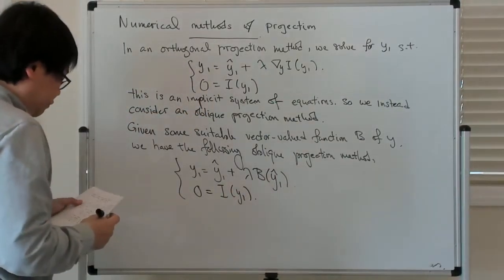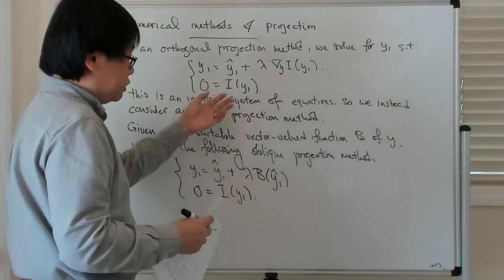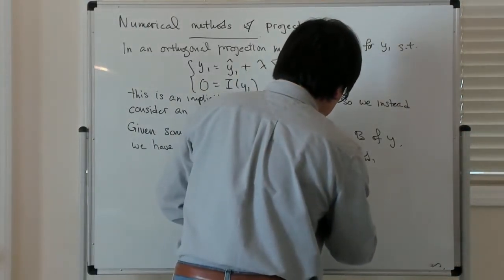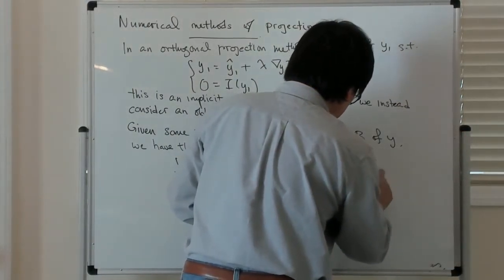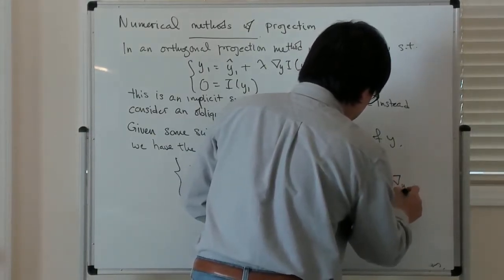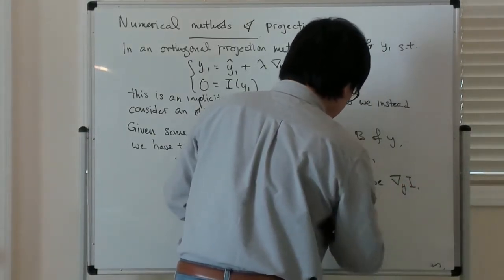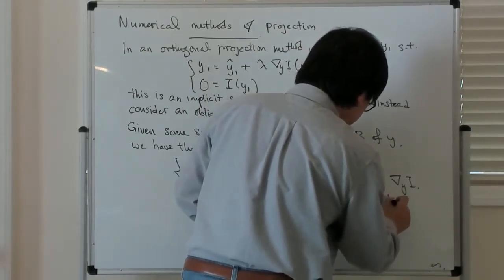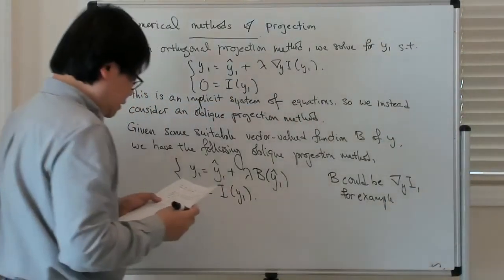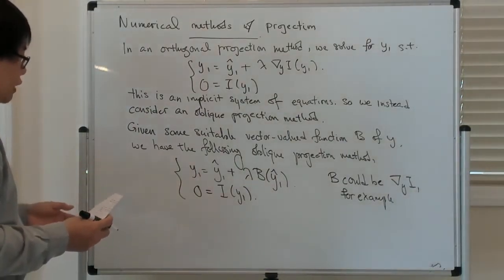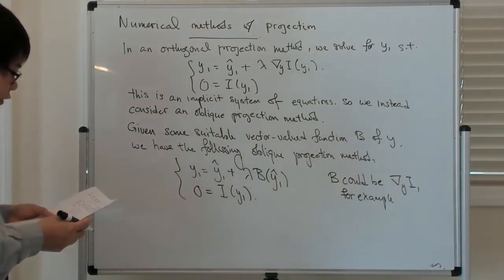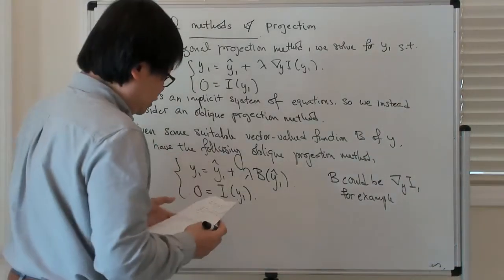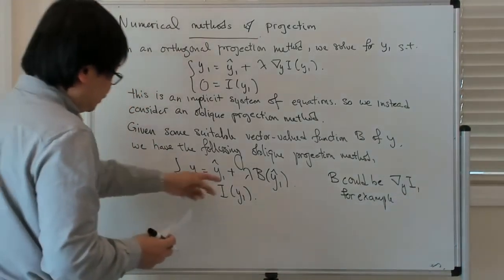And of course, b could be just a gradient of I, for example. Okay, so the advantage of doing this is that you still get a nonlinear equation, but it's now a scalar nonlinear equation for just lambda.